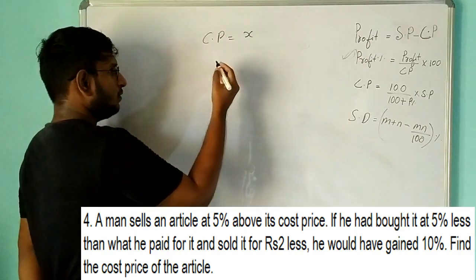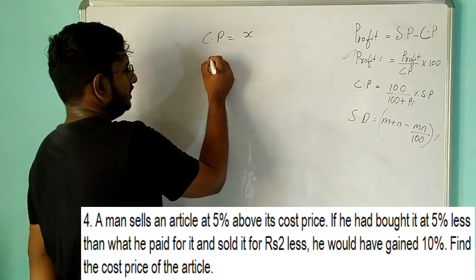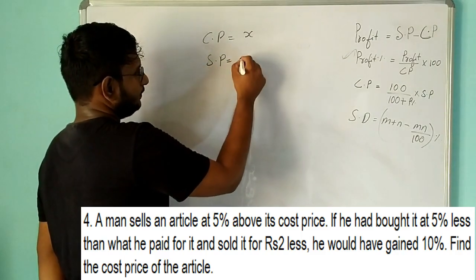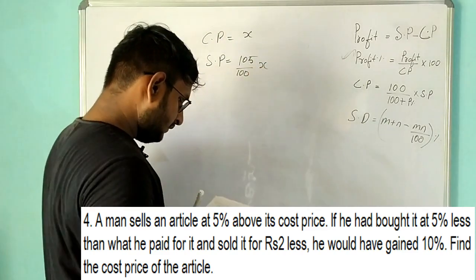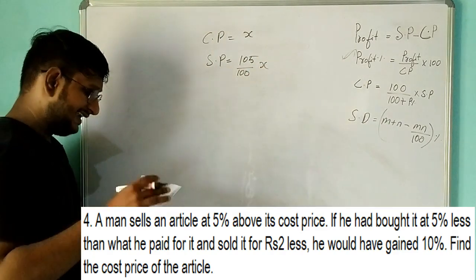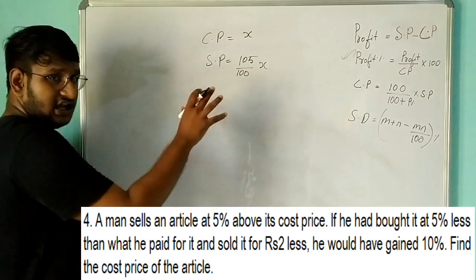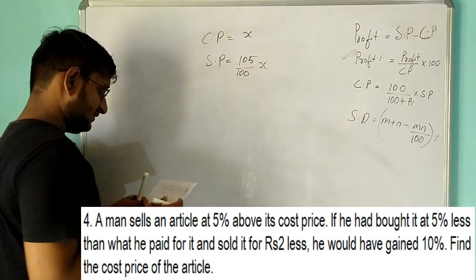So 5% above the cost price, the selling price will be 105% of X, right? This is the initial cost price as well as the selling price.